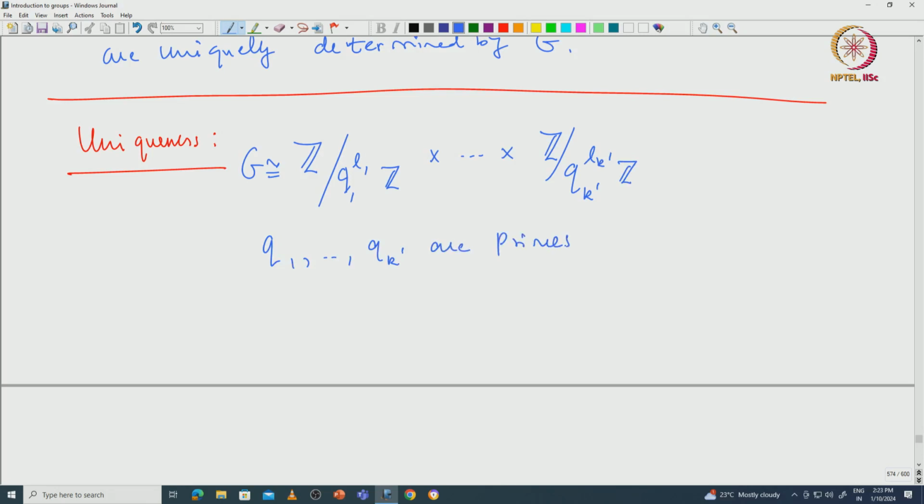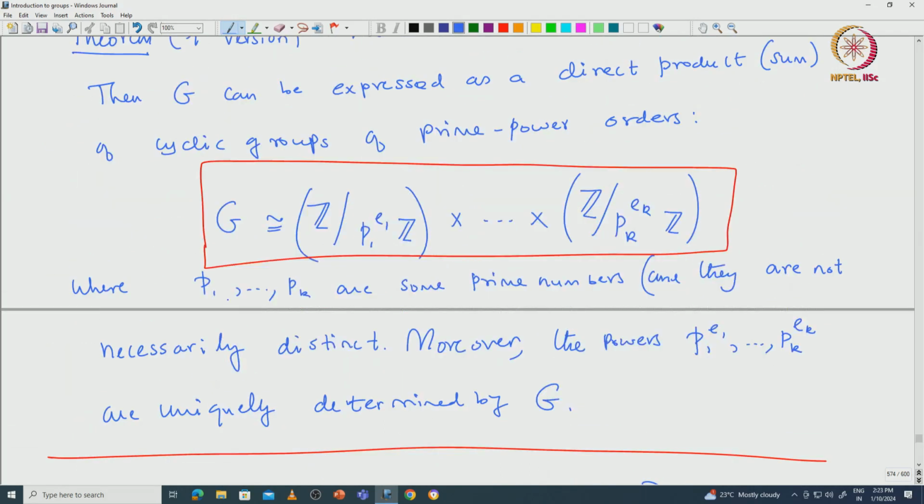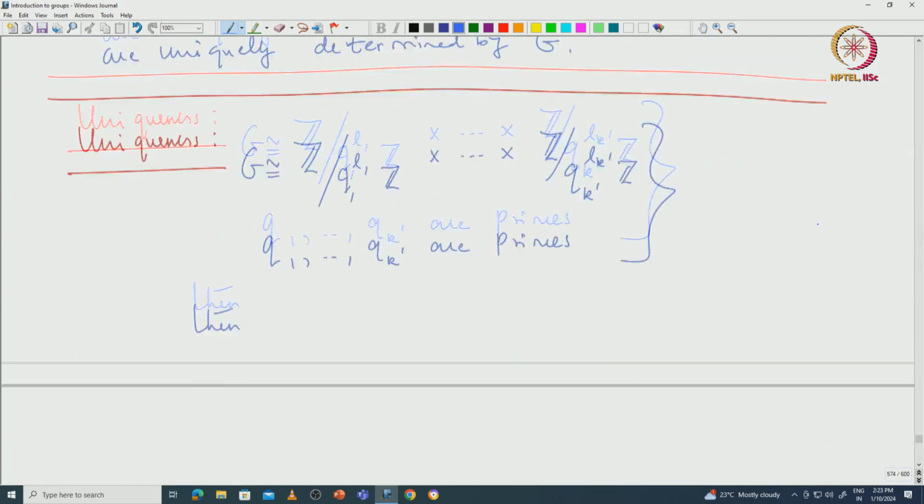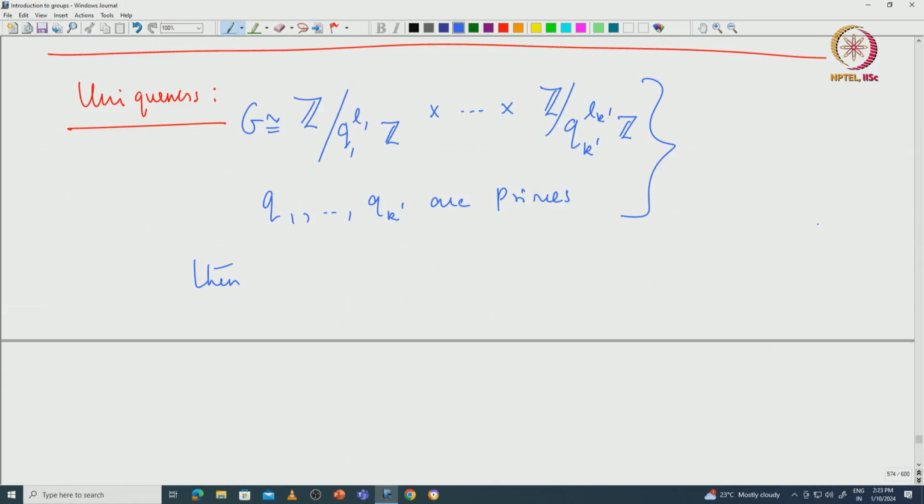Okay, so if this is what happens, then you already have this star. Then from star and double star, what you can say is that, up to permutation, there exists sigma. First of all, k must be equal to k dash.